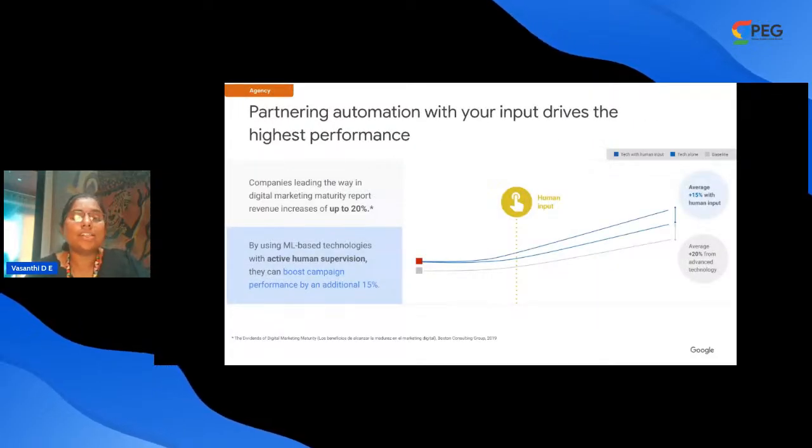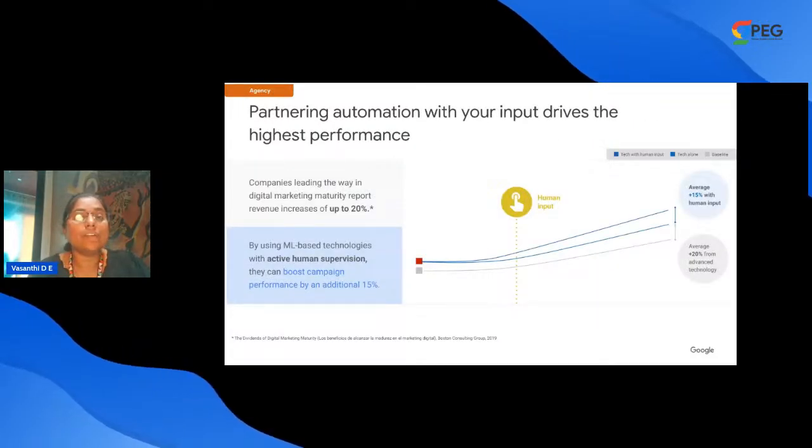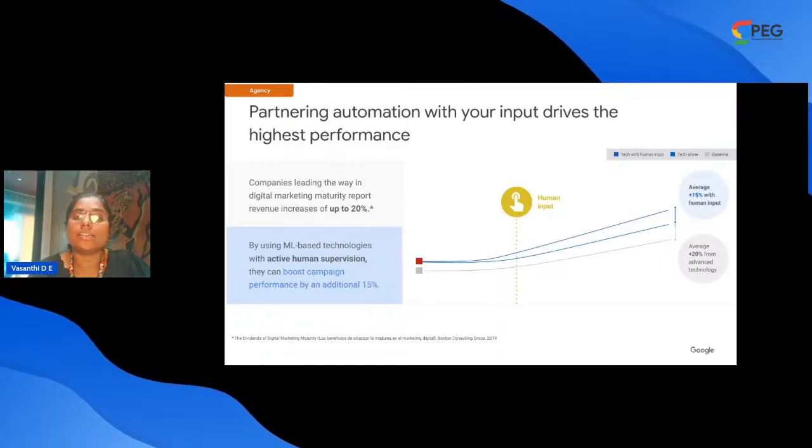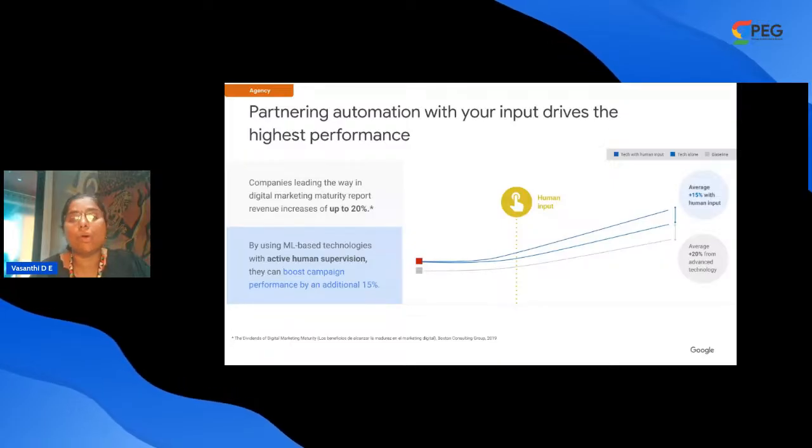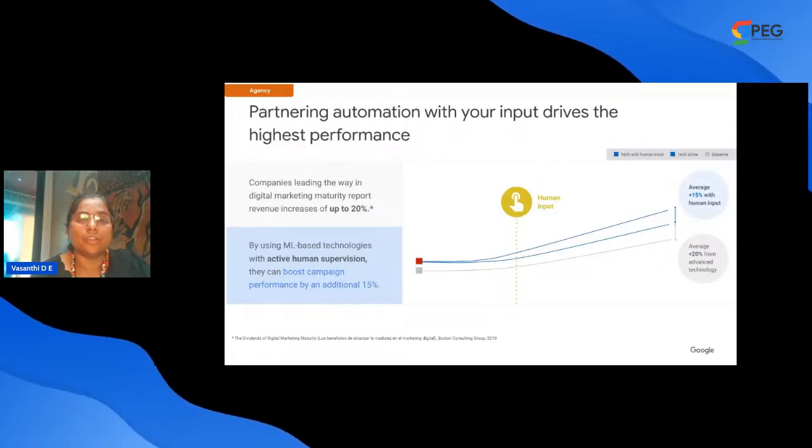So now in this specific slide, we will understand why it is important to partner both automation and human intervention.